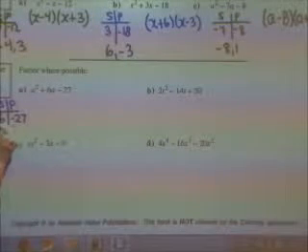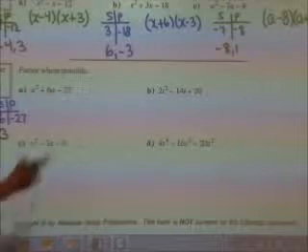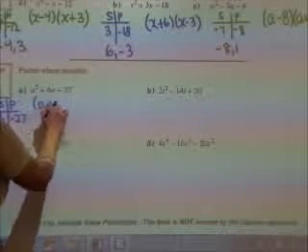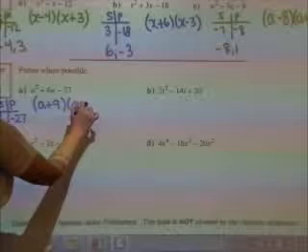Give me two numbers that multiply to 27. 9 and 3. So 9 and negative 3 to get my 6. So A plus 9, A minus 3.